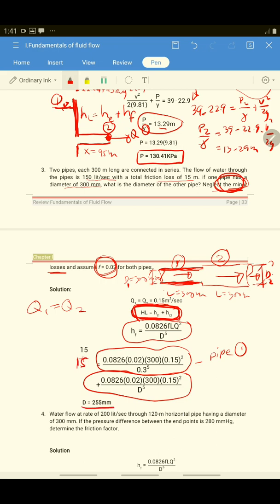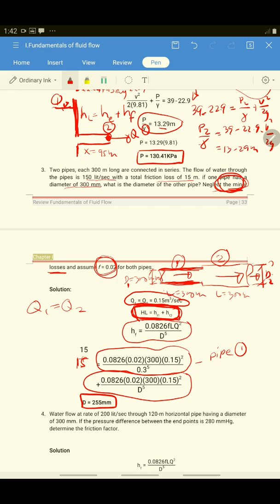We can compute now the diameter. So the diameter is 255 mm. It means that when we neglect the minor losses, the diameter is 255. So there is a sudden contraction of the pipe, producing a Q equal to 0.15 cubic meter per second.